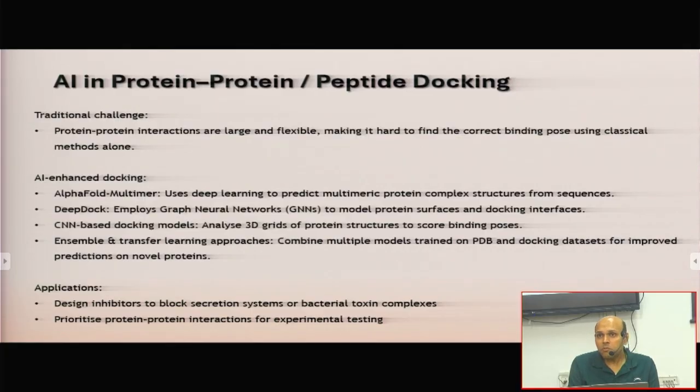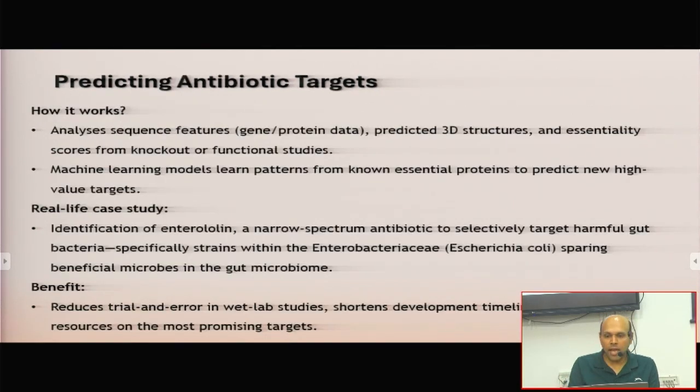So inhibitors of those can be designed as well. Then bacterial toxin complexes as well, certain bacteria that produce toxins, to inhibit those toxins. So prioritize protein-protein interactions for experimental testing as well. So you can use this and you can perform an experimental analysis to understand how effective it is.